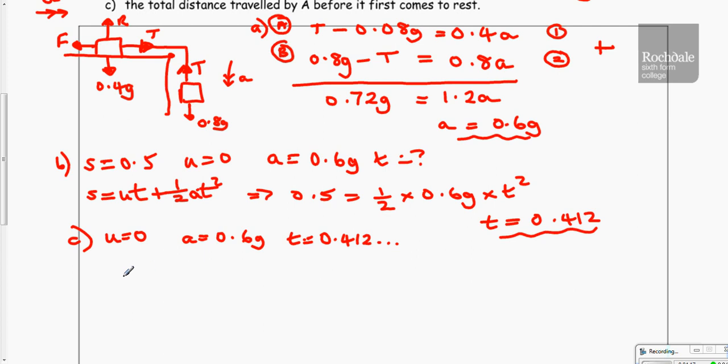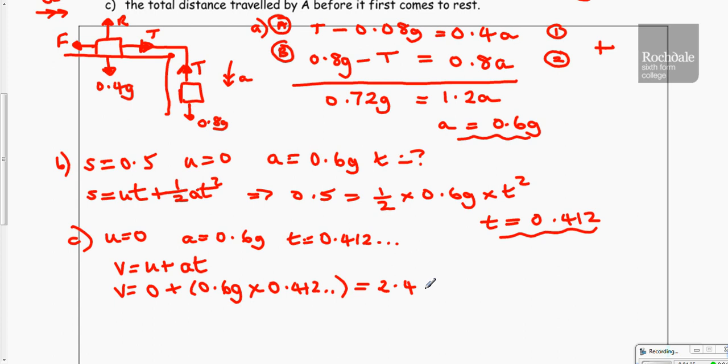So we can find out the speed it's going at when it hits the ground. So v equals u plus at. So v will be 0 plus 0.6 g multiplied by this time, and that works out to be 2.424. Keep that value in your calculator. So that's the speed that B's going at when it hits the ground.